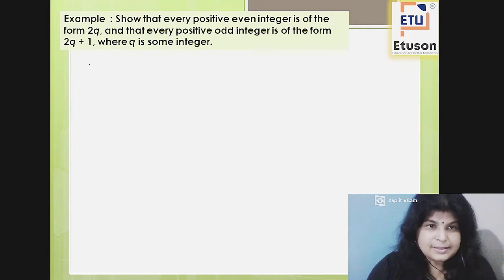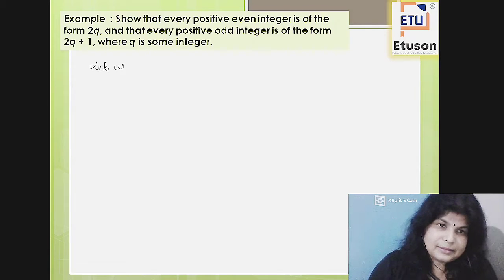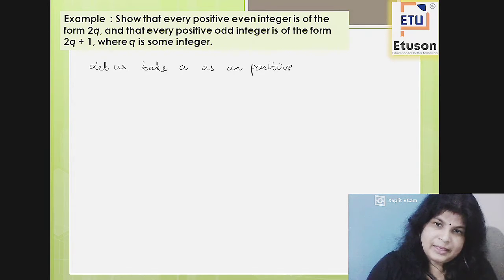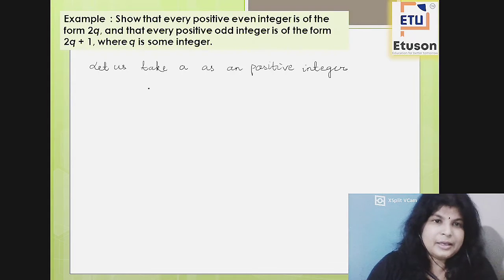We will consider letters: take a as a positive integer. Okay. And b is equal to 2.